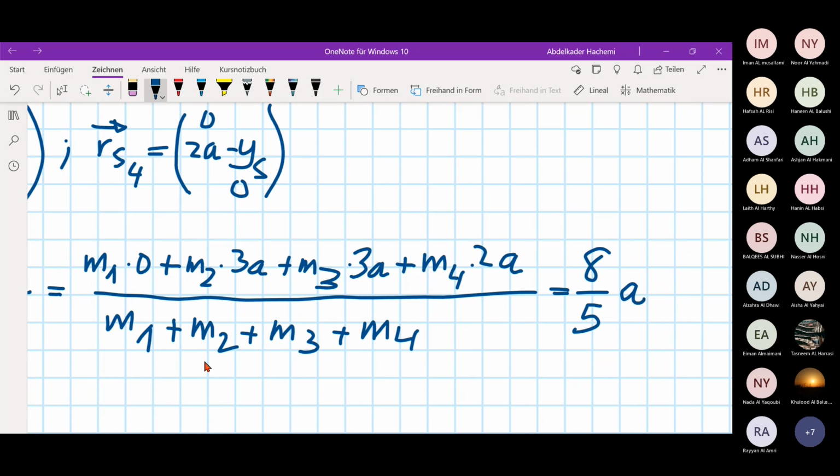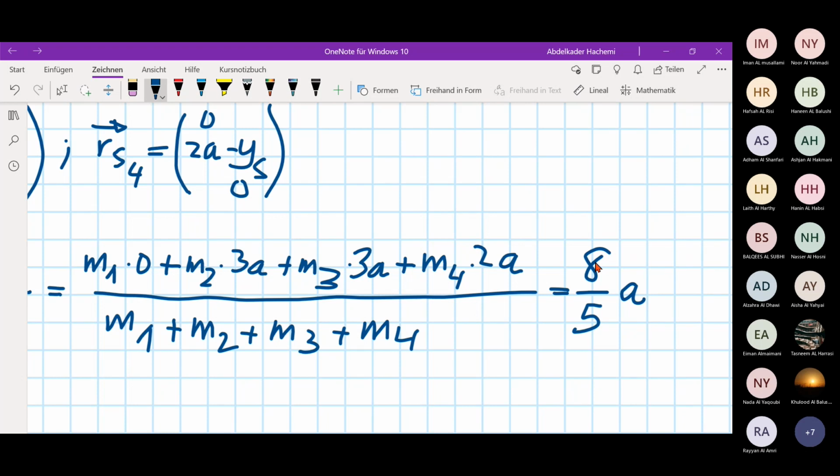Okay, this is now the position of the center of weight in y direction; in x direction it is equal to 0. Now, as m4, m3, m2, and m1 are given as functions of the mass m, we get here 8 divided by 5a.